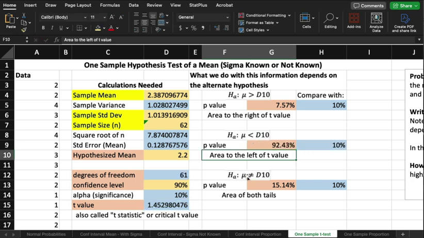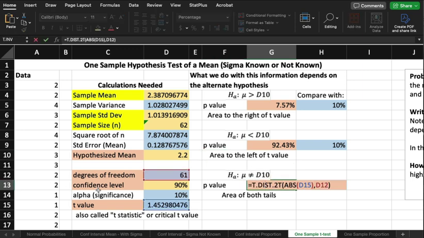When the alternate hypothesis has mu is not equal to a number, that's in row 13 down here. So in cell G13, you're going to type equals t.dist.2t, parenthesis, and then we need to take the absolute value of the number in D15.